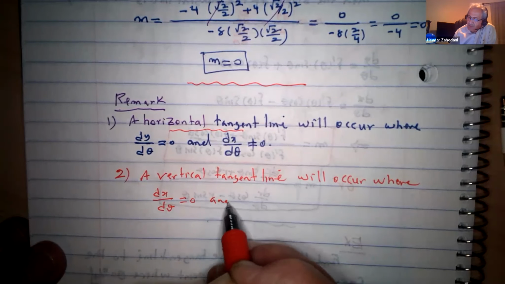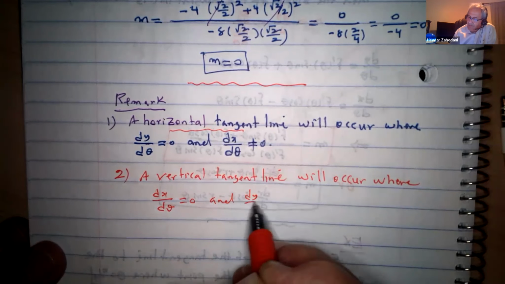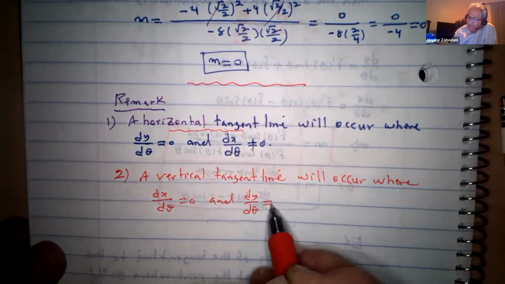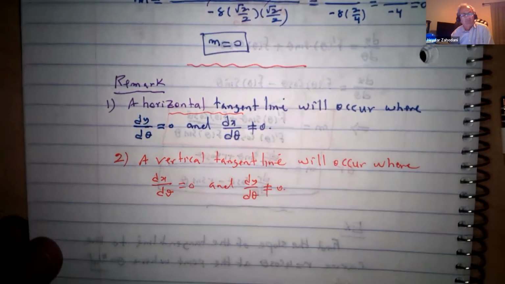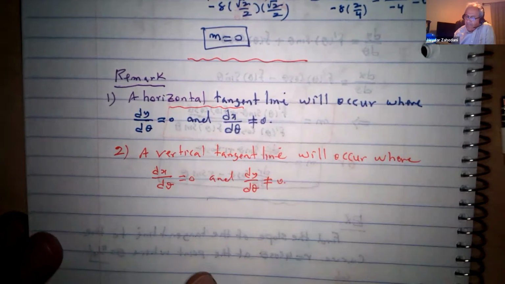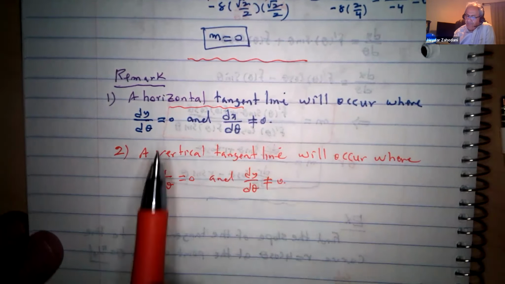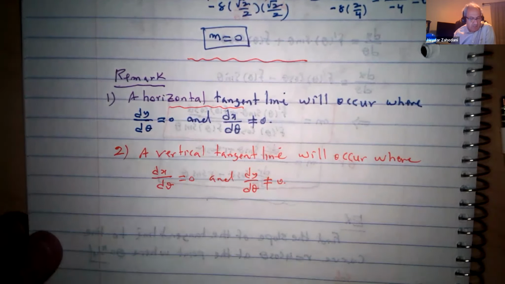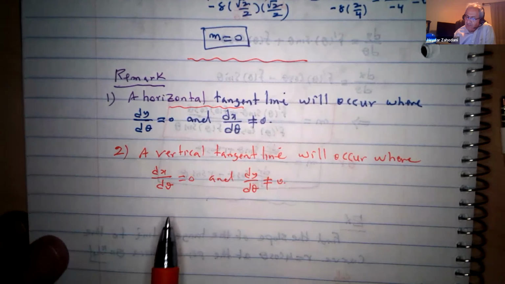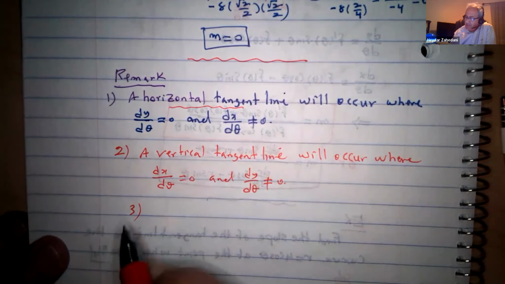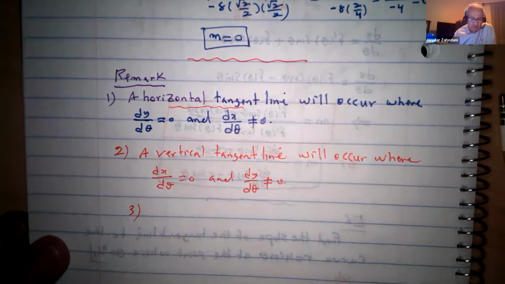But make sure that the other one, dy/dθ, is not equal to 0. So you have to solve these equations and then get the common solution to get these numbers. So this is the case, and there is a case that if both of them are 0 at the same time, the result is called a singular point.